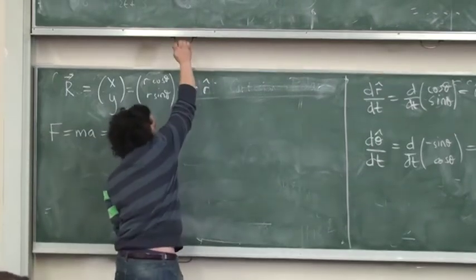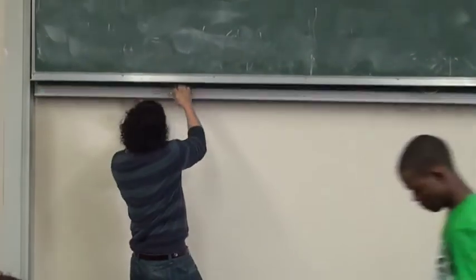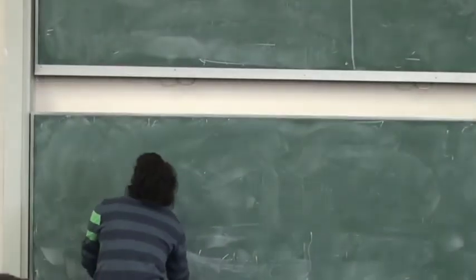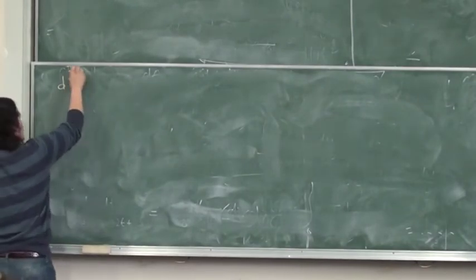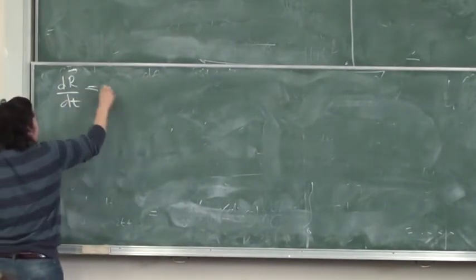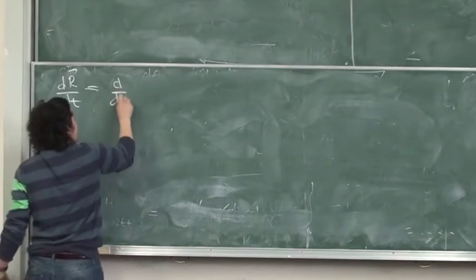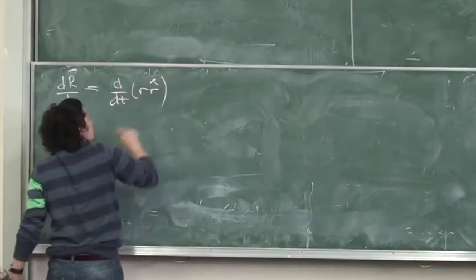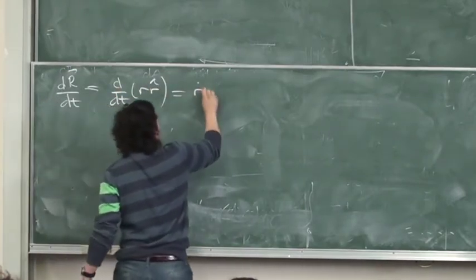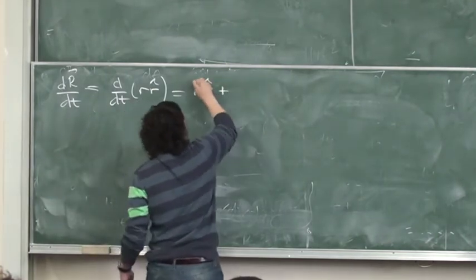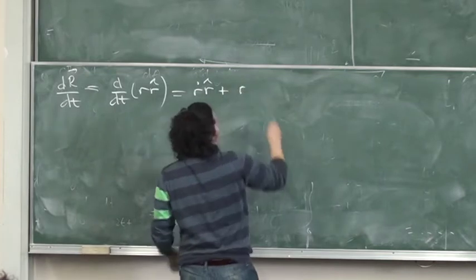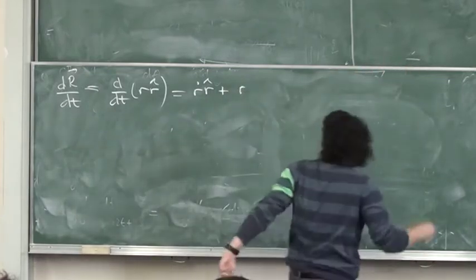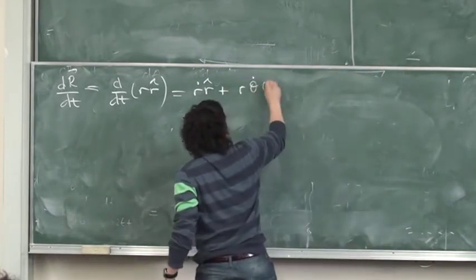I'll do that then. Okay. dr dt, our position vector, is d by dt of R R hat. Product rule: R dot R hat plus, when I say dot I mean the time derivative of the quantity, plus R times d R hat dt, which is theta dot theta hat.